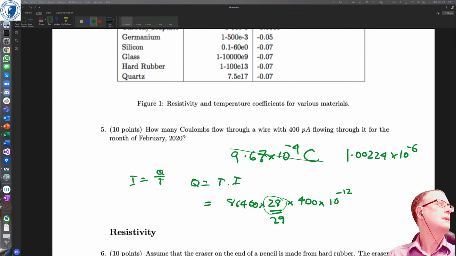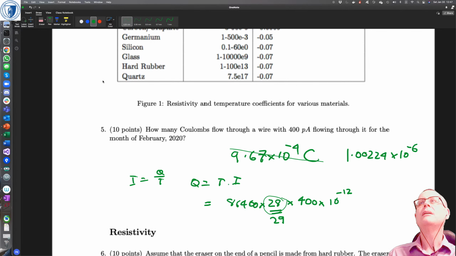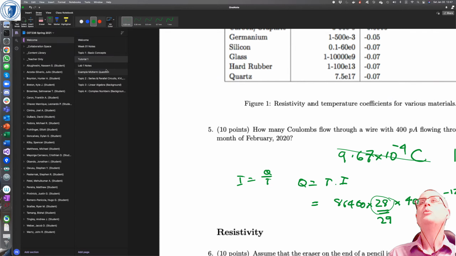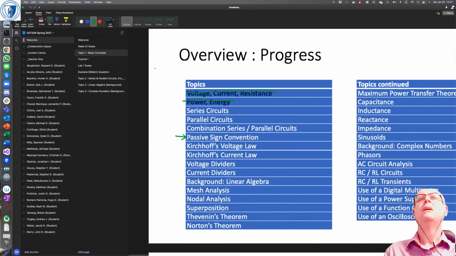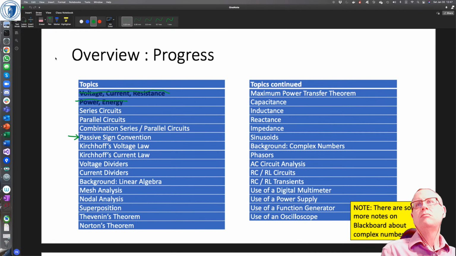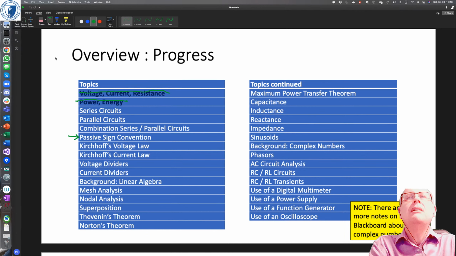Okay, let's just wrap it up. I just want to do a quick summary, and then we can leave a little early. So this is the stuff we've talked about so far: voltage, current, resistance, power, and energy. We've talked about the passive sign convention.